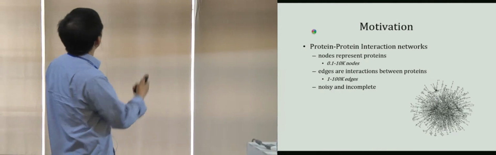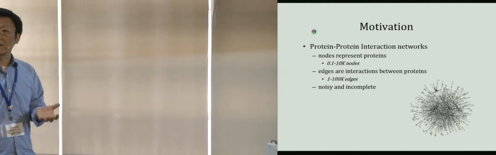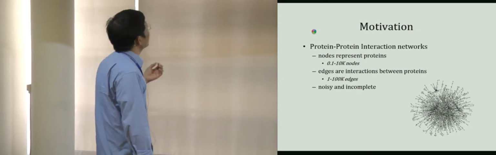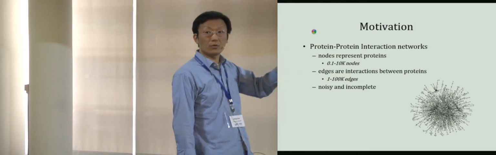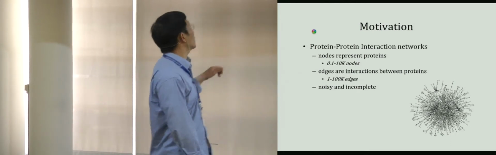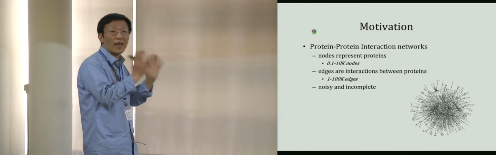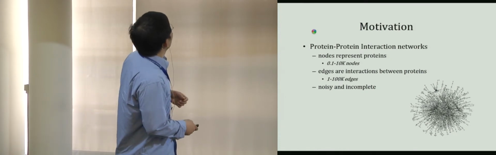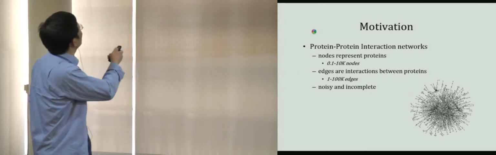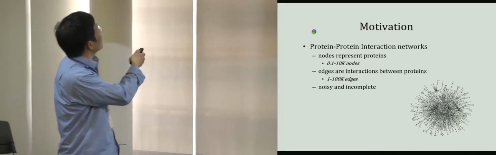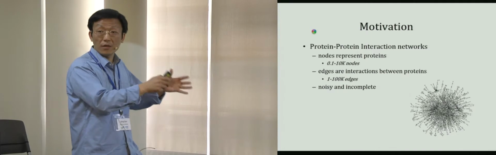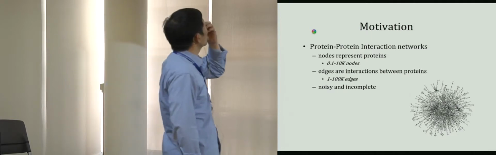The nodes represent proteins, and we add an edge between 2 proteins if they have some kind of interaction. These are the number of nodes and edges in a typical protein-protein network.